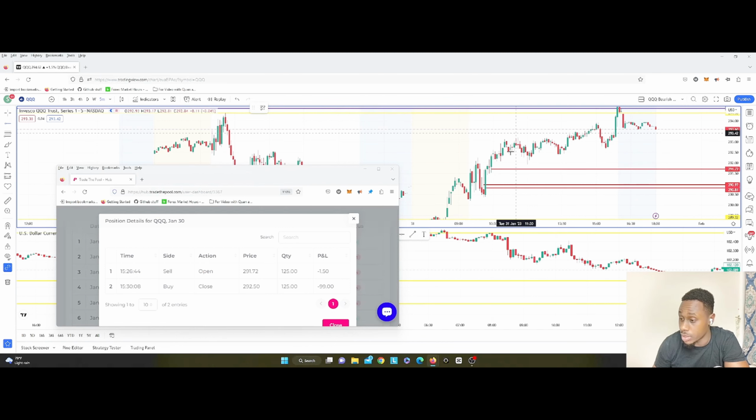This definitely hit my stop loss at 29250. So that's when it really started to go against me. And that was within 5 minutes. 29250. And I'm happy it took me out because I would have endured a lot more losses if I stayed in that position.